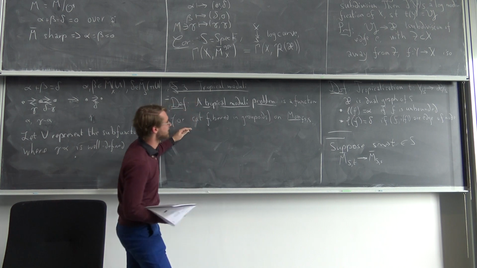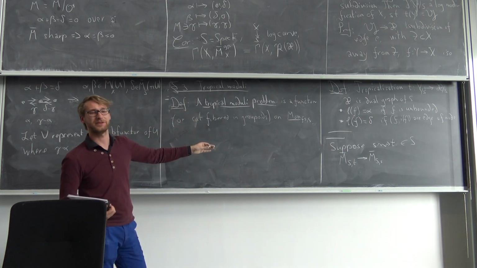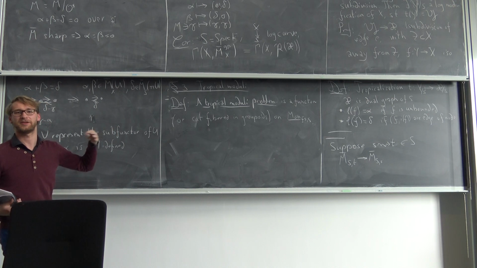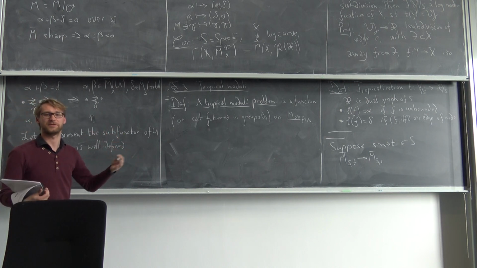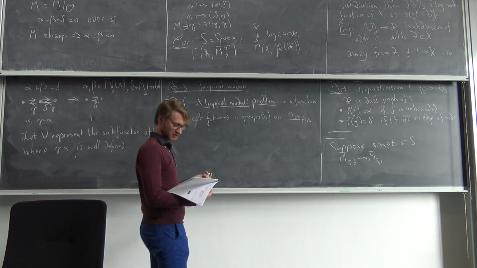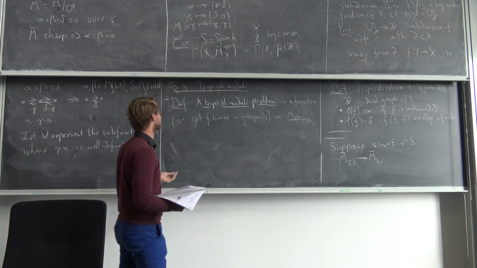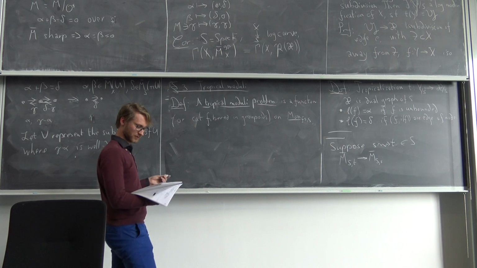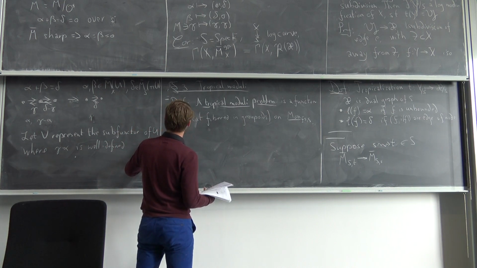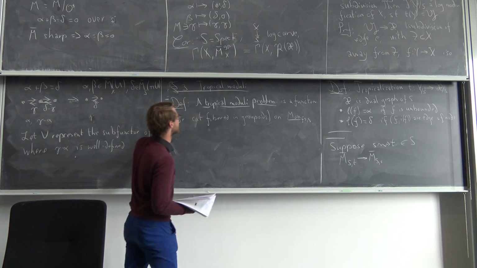So why do we define it just on monoidal spaces? We've been talking about log geometry all the time, and there should be a way of seeing how these compare. And yes, they do compare, of course. Otherwise, we wouldn't have done all the log geometry, I guess. So we can just extend this problem.